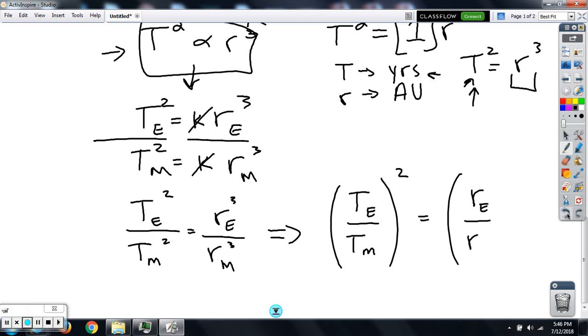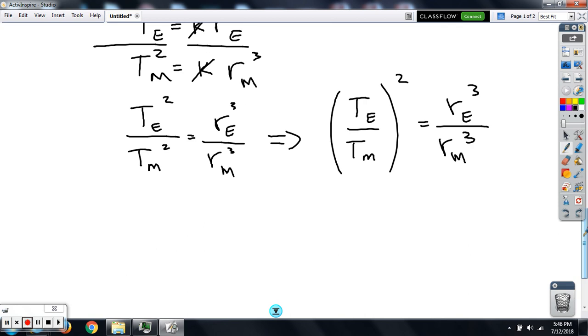So I'm solving for Rm. So I'm going to modify this a little bit. I want to keep these guys split up, because I want to solve for Rm cubed. So I'm going to bring Rm cubed up top. And so I need to divide both sides by this whole thing.